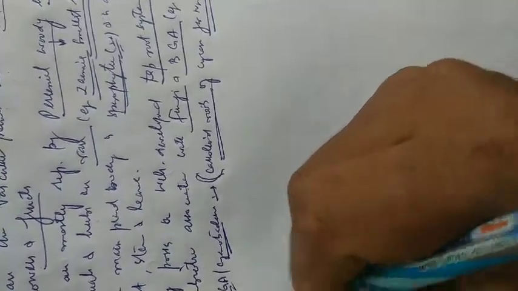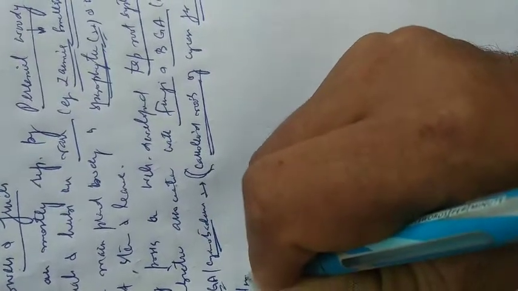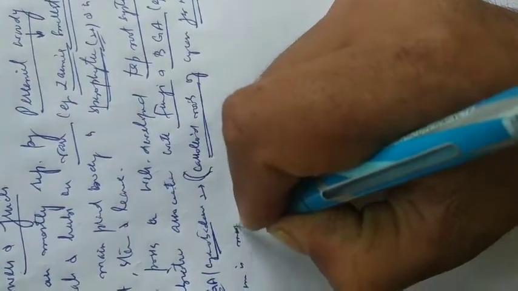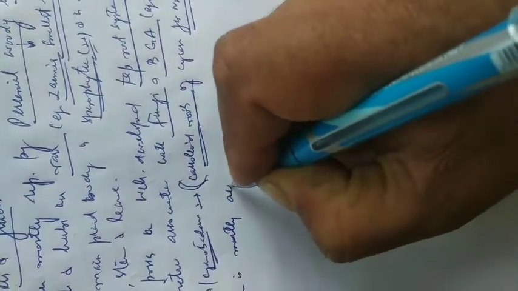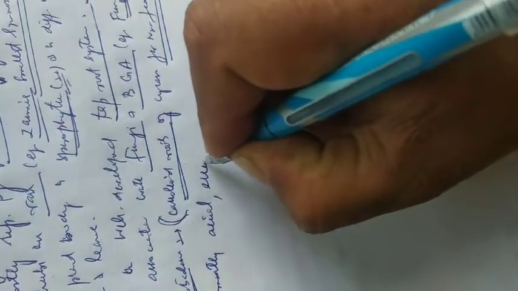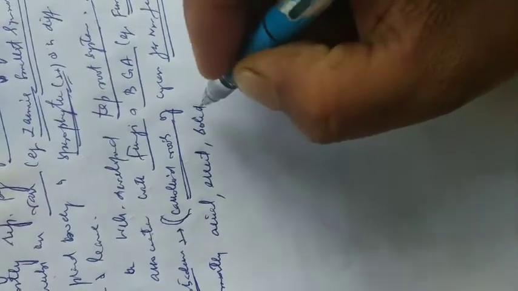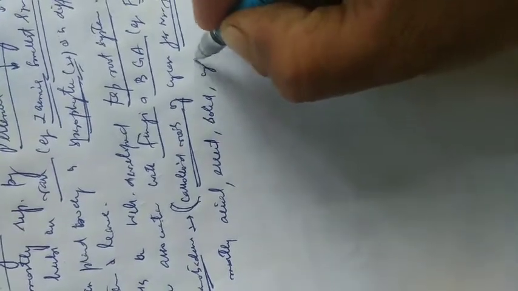Number 5th feature is, we will take up stem. Stem of gymnosperms is mostly aerial, erect, solid, cylindrical, woody, and branched.